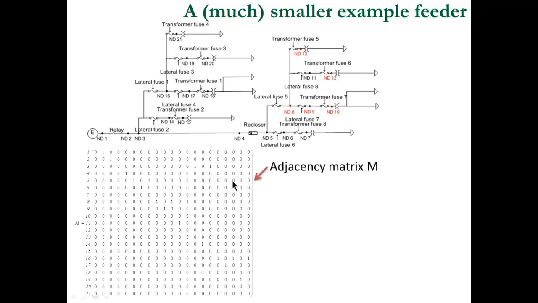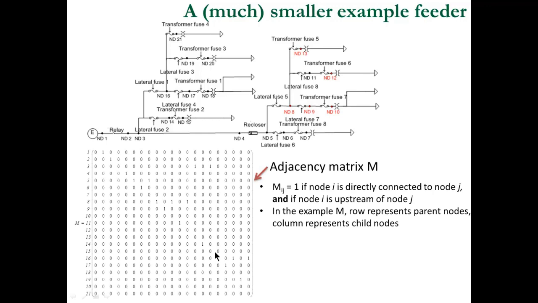So here is the adjacency matrix for this very small example feeder. If you count the number of nodes, it has 21 nodes. So therefore the adjacency matrix M would be a 21 by 21 matrix. The rule for the adjacency matrix is the element Mij on the ith row and jth column is 1 only if the node i is directly connected to node j, and the node i has to be upstream of node j.